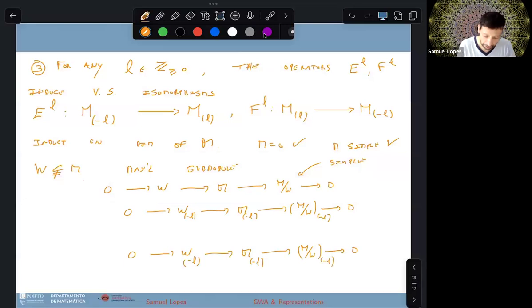And by the induction hypothesis, since this module W has smaller dimension, I know that the transformation e to the L here is an isomorphism. This is by the induction hypothesis because W has a smaller dimension. This one is simple, and so, yeah, it's also smaller dimension. So by the induction hypothesis, this is also an isomorphism.